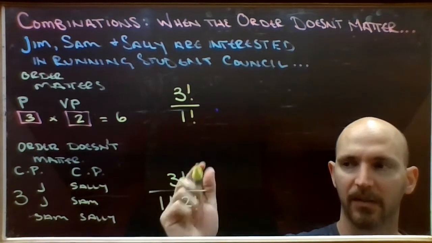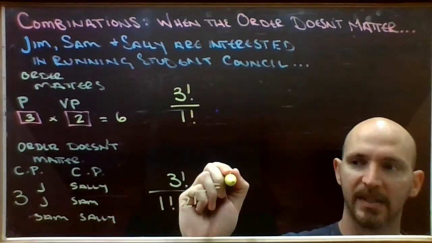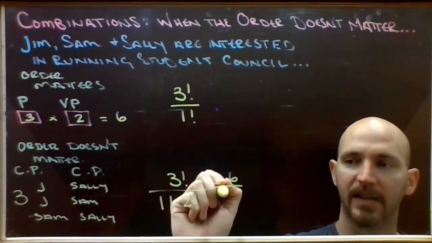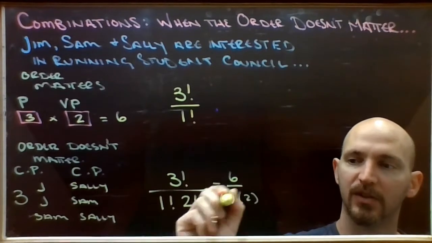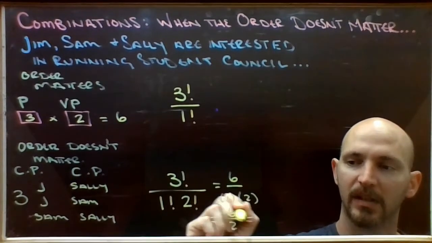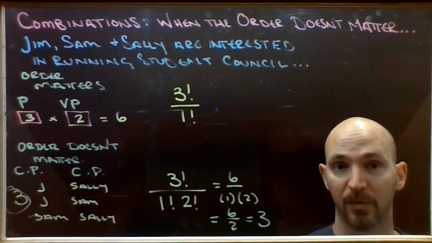So in this particular example, 3 factorial will be 3 times 2 times 1, which is 6. 1 factorial is just 1. 2 factorial is 2. 2 times 1 is 2. And 6 divided by 2 is 3, which is the answer I was hoping to arrive at.